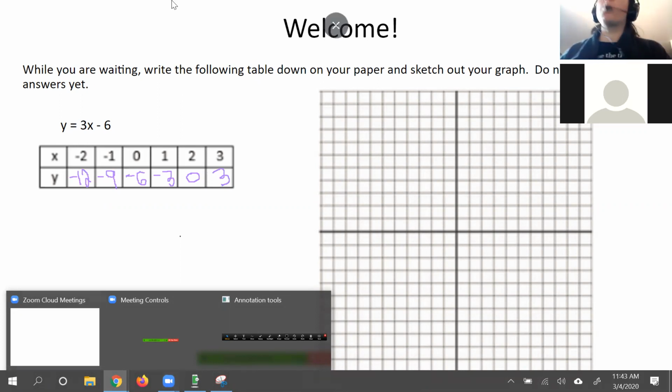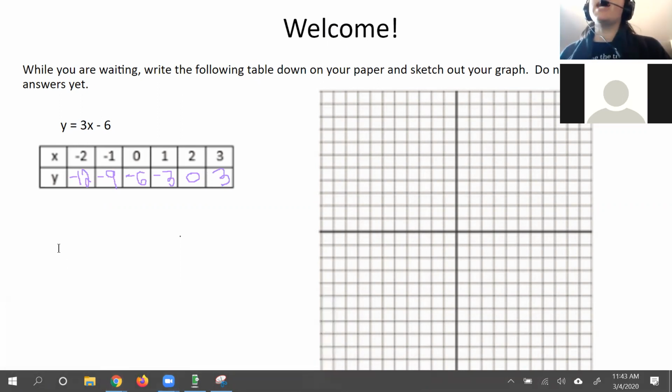If I listed it as a coordinate point, so like the whole parentheses, comma, and then the parentheses, what would one of my points be? Yeah, you're right. My x would be -2 and my y would be 12. So I would go -2 and -12.